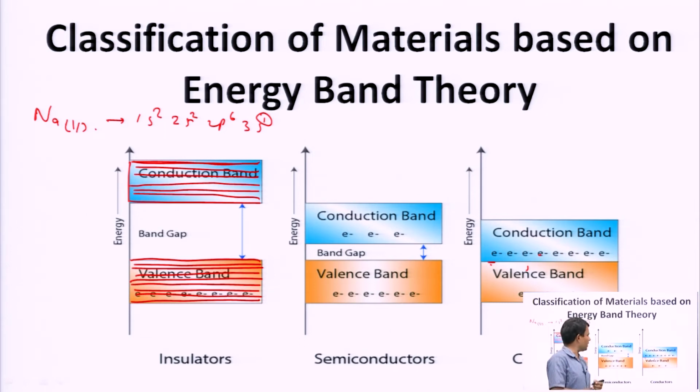In Moseley's periodic table, semiconductors are especially found in the 14th group, that is the carbon group. Silicon and germanium are the typical examples of pure semiconductors.